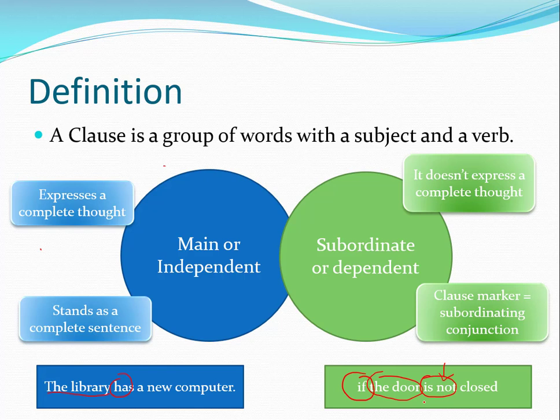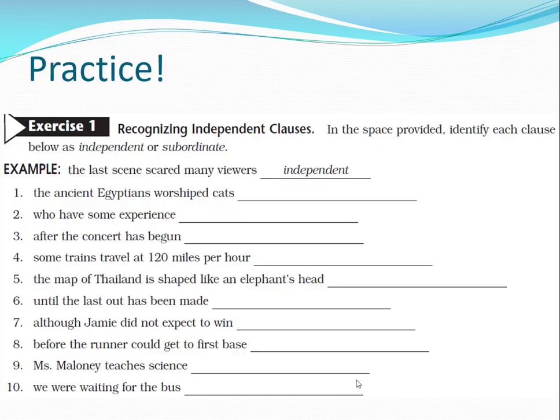However, the difference is that one of them is understood easily because it expresses a complete idea and it can stand by itself. It doesn't require anything else to be an independent clause, right? However, the other one, as I said before, is missing something. It's missing a complement. Now let's practice a little bit.